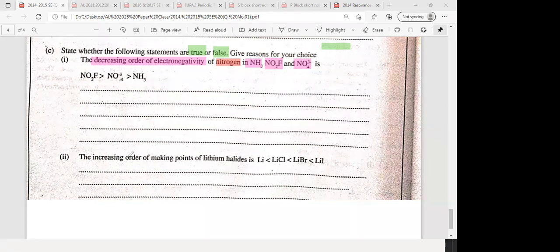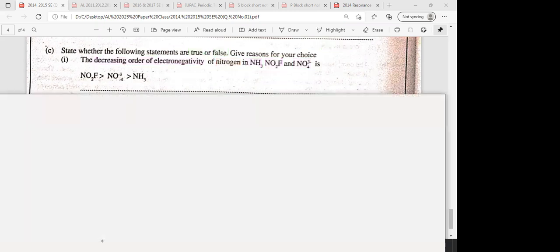When the positive charge on the atom increases, electronegativity increases. Please write a short note on this, because it's very important for the upcoming ones. Factors affecting electronegativity. Please write this, everyone.